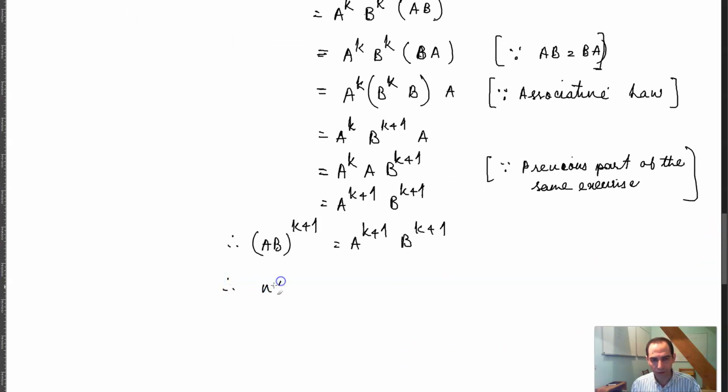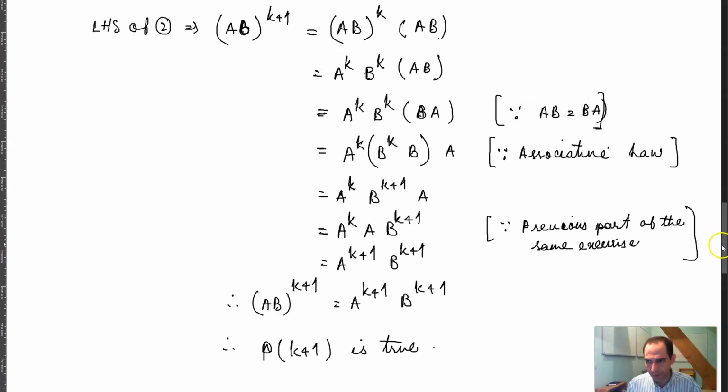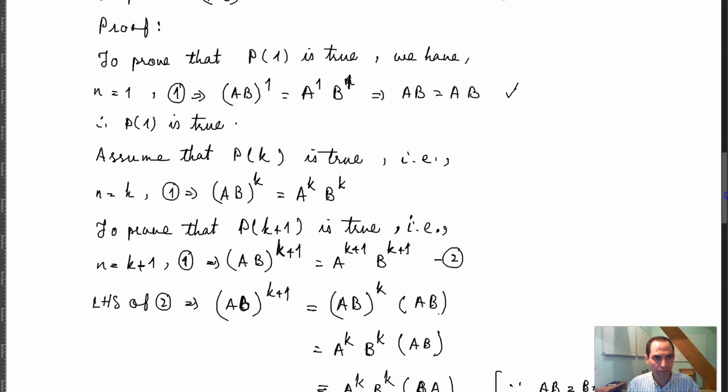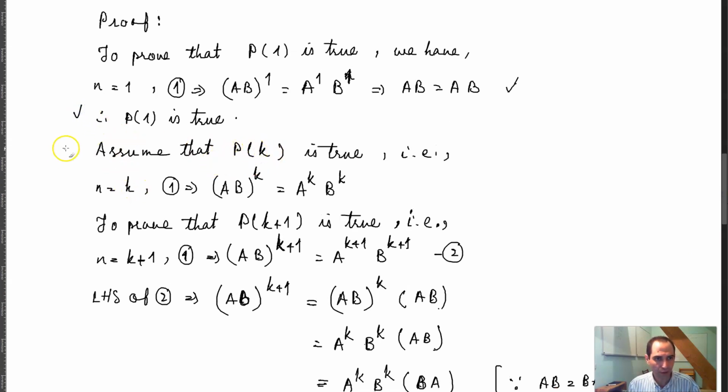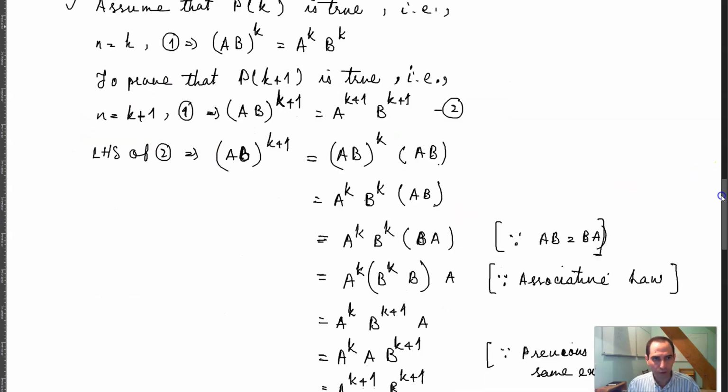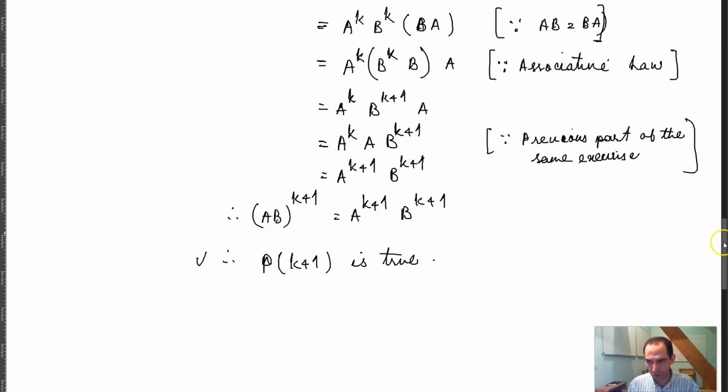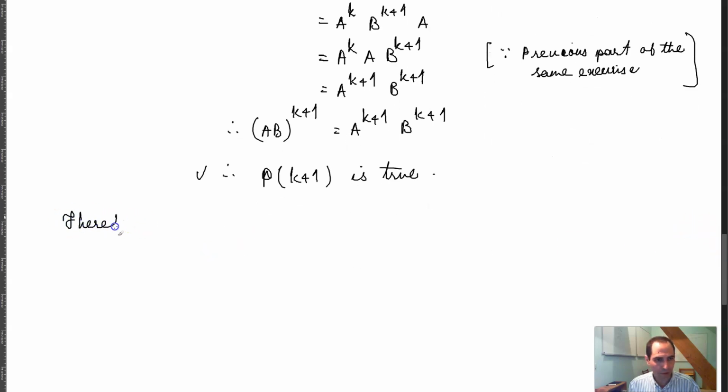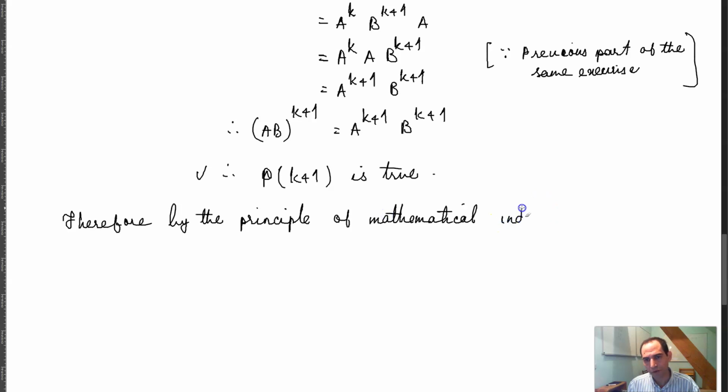P of k plus 1 is true. So now we have shown that P of 1 is true, and P of k we have assumed that it is true, and now we have proved that P of k plus 1 is true, and therefore by the principle of mathematical induction, P of n is true.